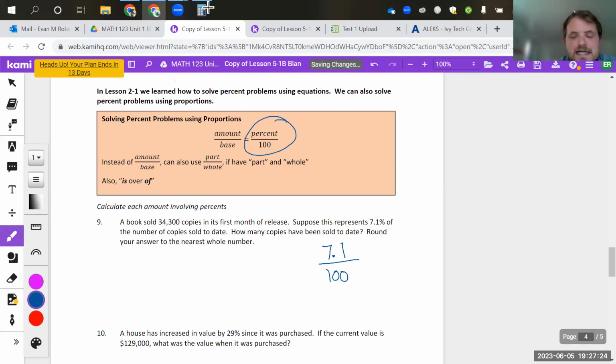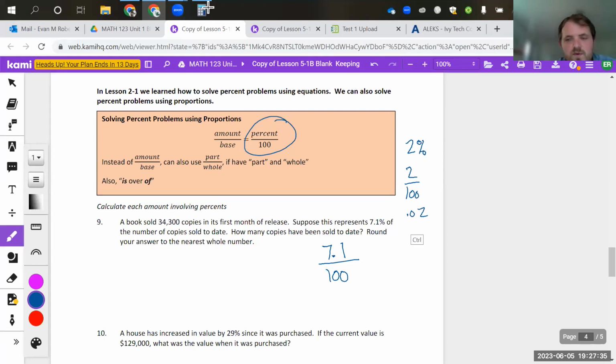Like if you just had 2%, that fraction is 2 out of 100, or the decimal would be 0.02. So again, we skipped that section. It'll be covered in the video that you watch later this week, but that's the scenario we're running through. And so that needs to be equal to the part divided by the whole.